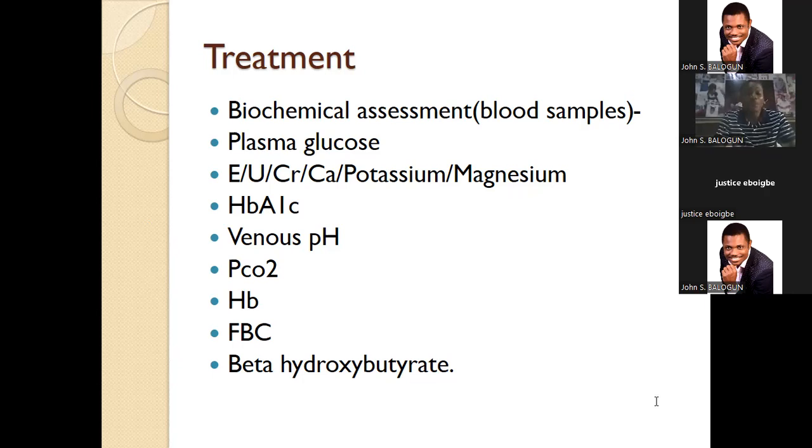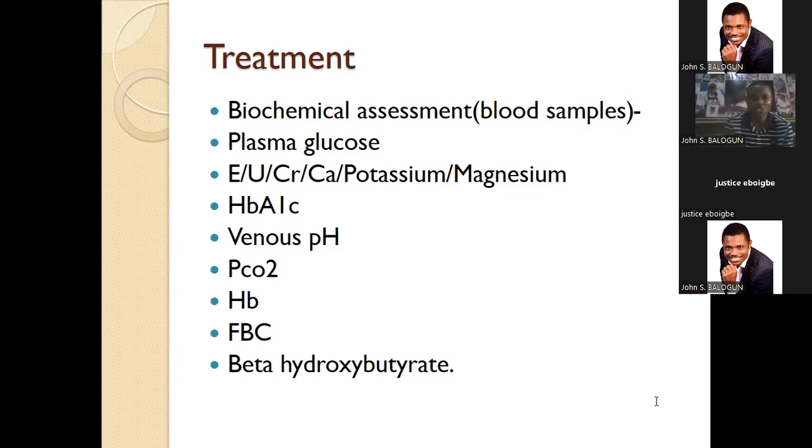So what happened is that the potassium in the cells would have moved into the interstitium, into the ECF, such that by the time you check the serum level of potassium, it may look normal or even elevated, but it is factitious. It is not real, because the moment you start correction of your dehydration, the potassium will go back to where it is coming from, and the next thing is that there will be hypokalemia. So potassium is one of the things that you monitor when you are managing DKA.